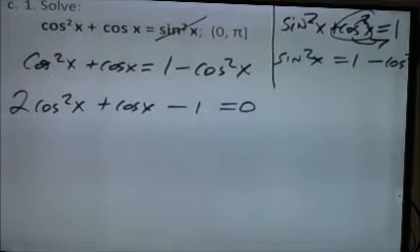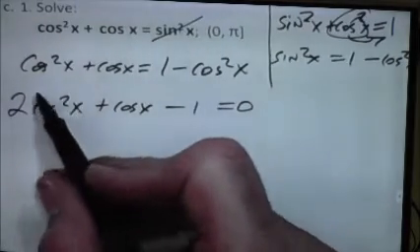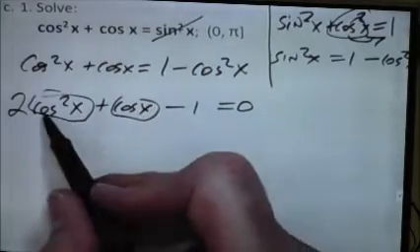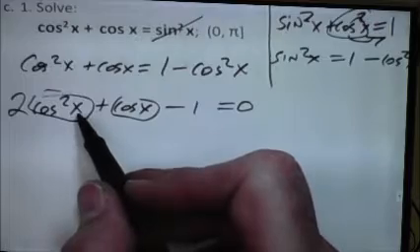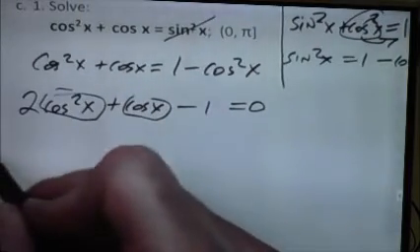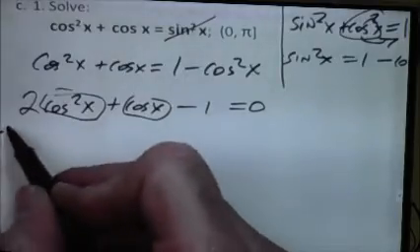That looks like a quadratic. That's 2x squared plus x equals 1. And that's something you know how to solve. So if I took this, this would be like cosine x, say I call it y, and I have y squared and I have y. So I have like 2y squared plus y minus 1.